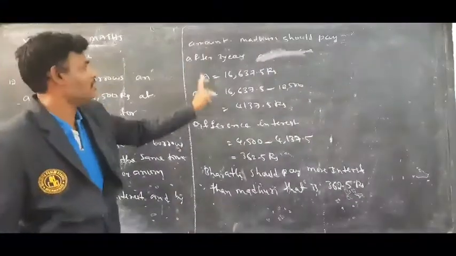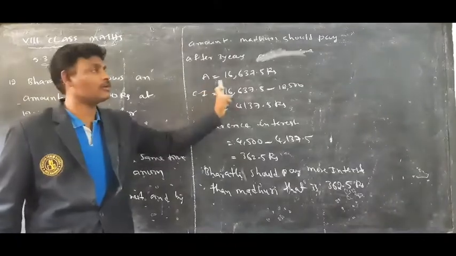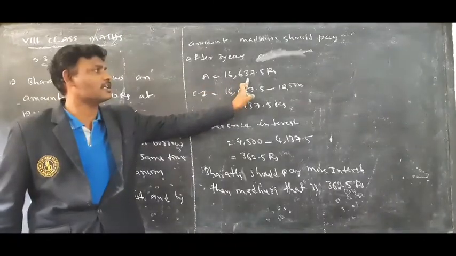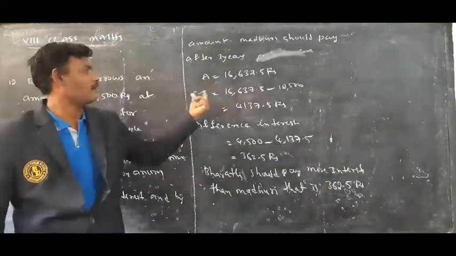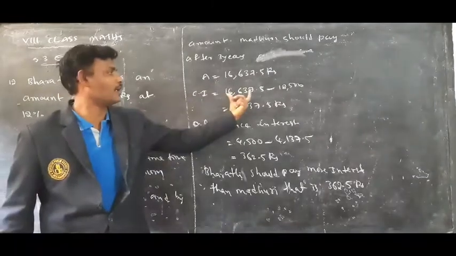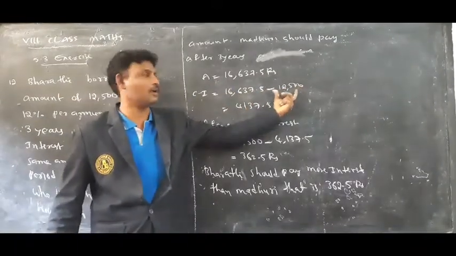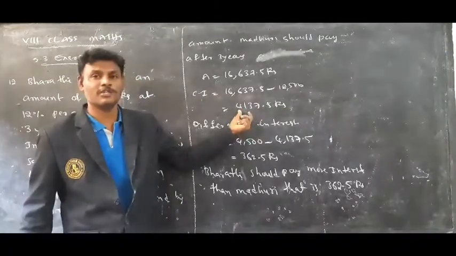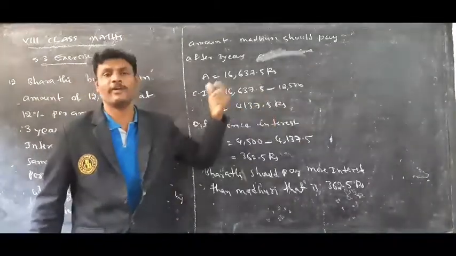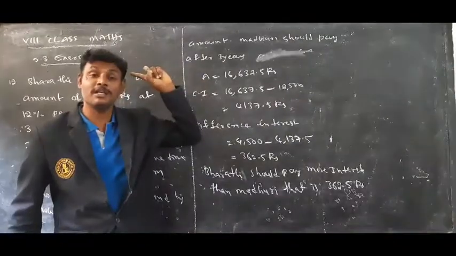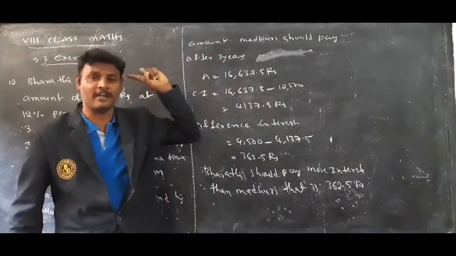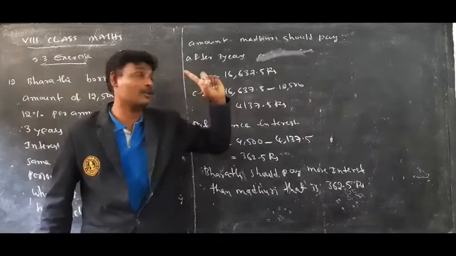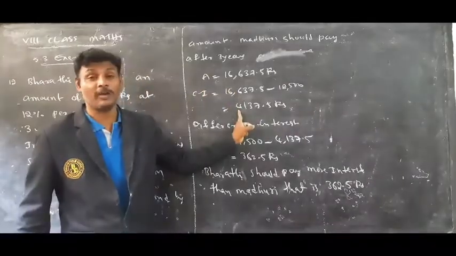After 3 years, the total amount A is 16,637.5 rupees. The compound interest is the total amount minus the principal amount, so the compound interest of Madhuri is 4,137.5 rupees. The simple interest of Bharati is 4,500 and the compound interest of Madhuri is 4,137.5 rupees.